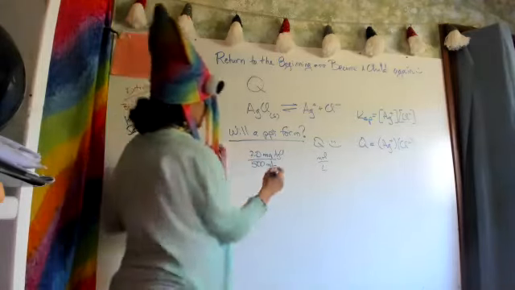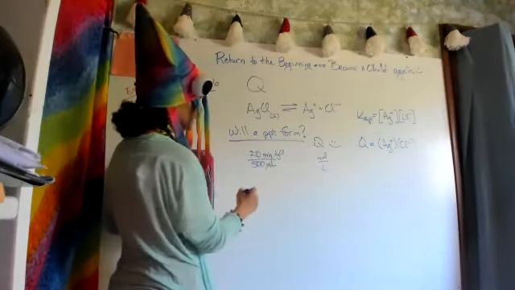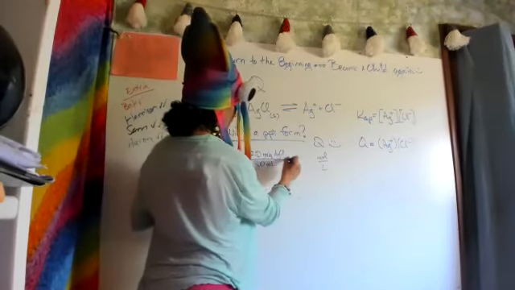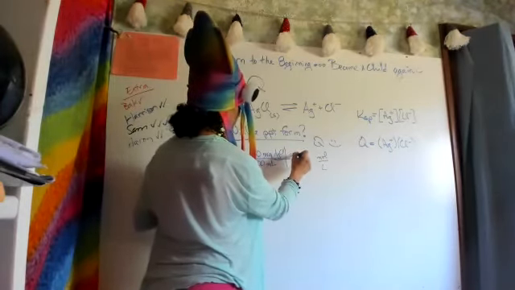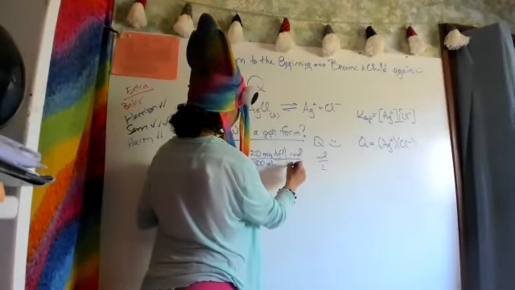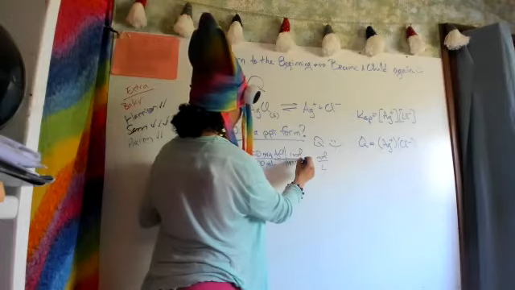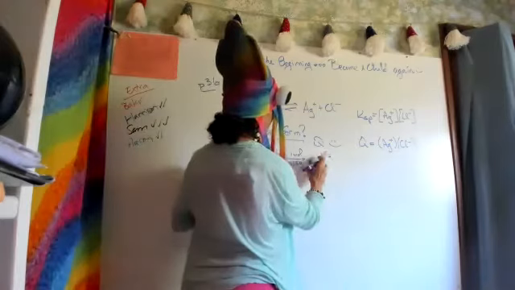Silver chloride. Oh, do you guys remember a little trick? Milli over milli, we can cross them out. So all I have to do is change my grams to moles. And I have this is like 143.5-ish. And I'll punch it in and I get a number, 2.8 e to negative 5.